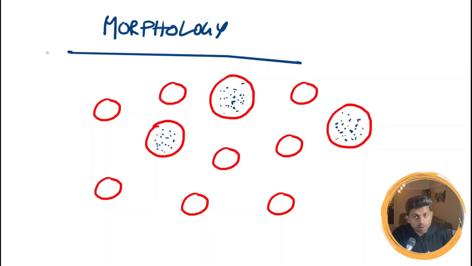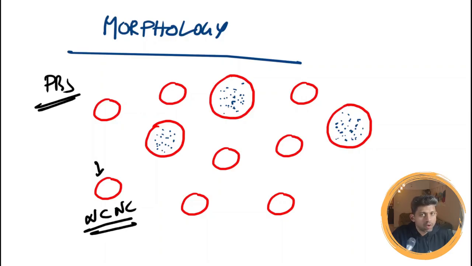Now let's look at the morphology of hemolytic anemias. In peripheral blood smear, you get anemia, obviously because most of these RBCs are destroyed. Now, morphologically, most of these cells are normocytic, normochromic only.